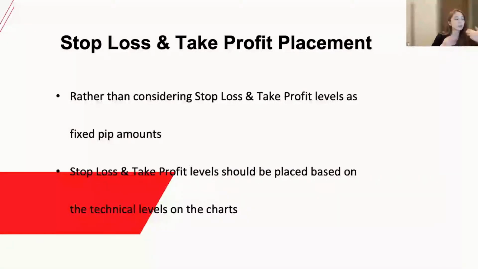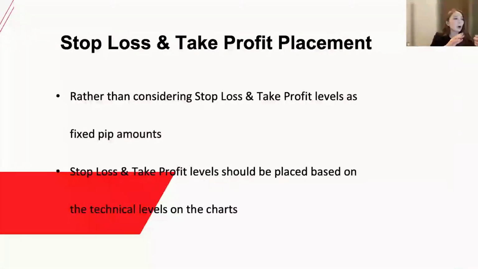Some traders are super fixated on the idea of, I will only put my stop loss at, for example, 15 pips, 20 pips, and I will not take it beyond that. But sometimes putting stop loss according to pips might affect your analysis, because you're not allowing your analysis to have breathing space, you're not allowing the market to correct, you're not allowing the price to actually move as per what you're looking at.